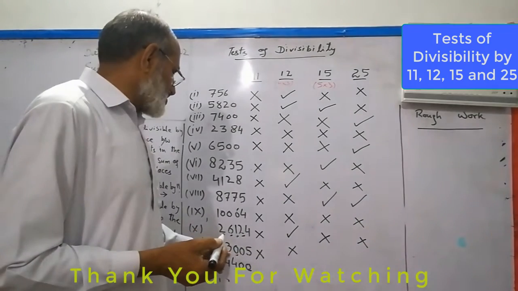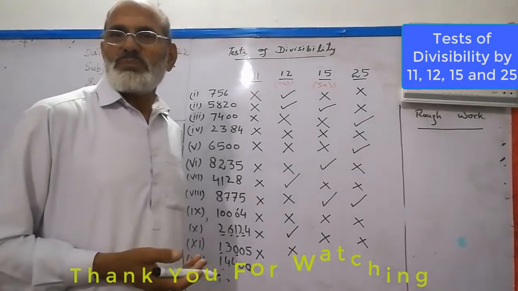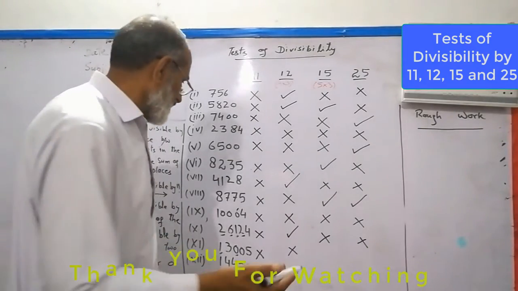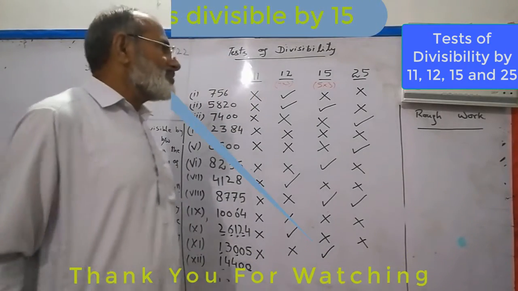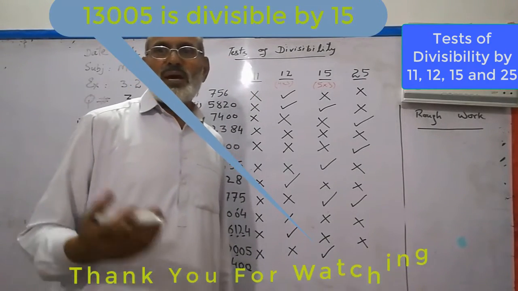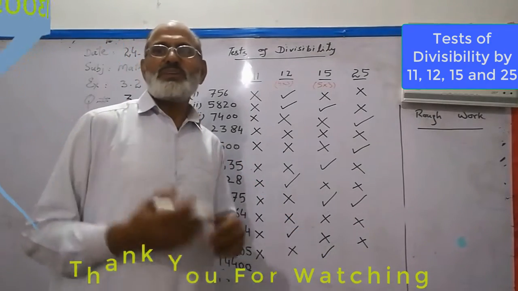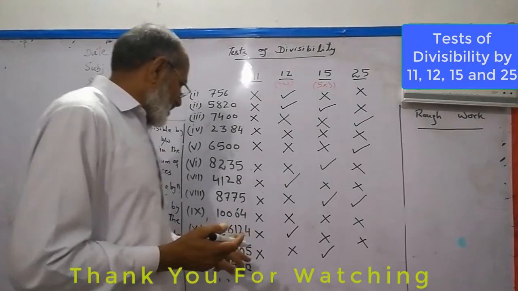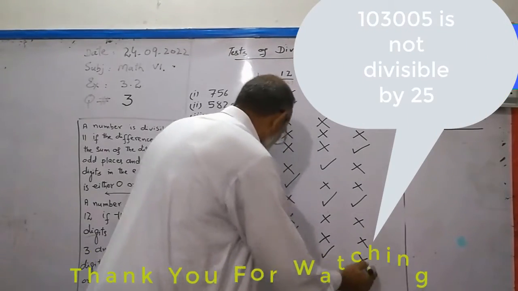So it's 5 plus 3 becomes 8, 8 plus 1, 9. 9 is divisible by 3 because 9 comes in the table of 3. Hence, this value is divisible by 15, but it is not divisible by 25, because 5 is not divisible by 25. What other 25 can be divided by 5? Here it's 0, 5. Therefore, I will put here a cross.